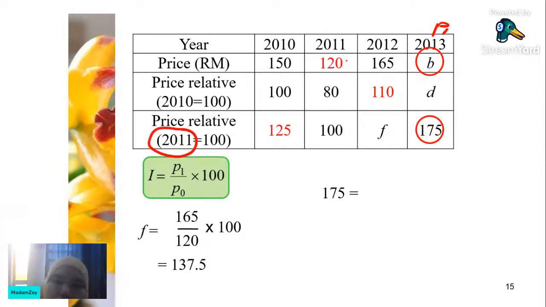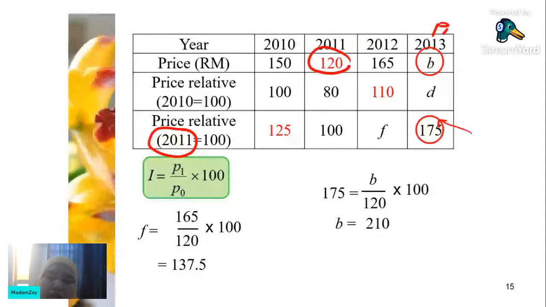So B over 120 multiplied by 100 will be the price relative index in 2011, which is 175. So 175 is equal to B over 120 multiplied by 100. So B is equal to 210.